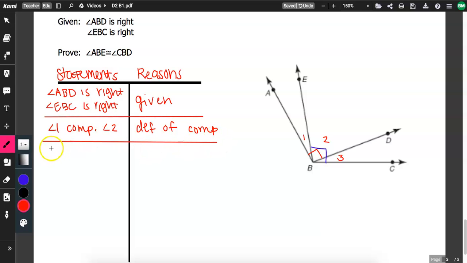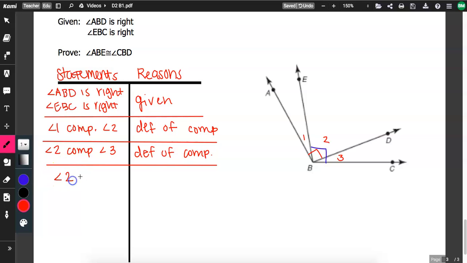I could also say angle 2 is complementary to angle 3. Again, the definition of complementary. They add to 90. That was from our given. And then, if both of these are complementary, I might need another statement here. I know it seems silly.